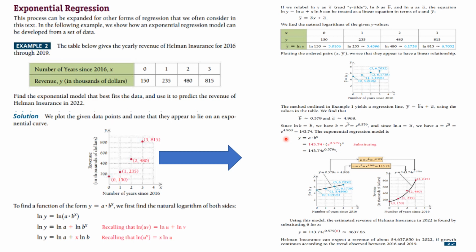So you see the regression model is then y is equal to a times b to the x, which is equal to this expression. And if we use this model to estimate the revenue when x is 6, we would get this. So you see, we can use linear regression as a way to do exponential regression.